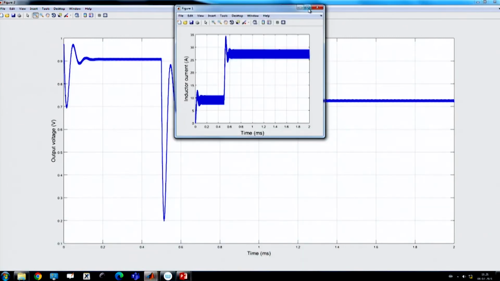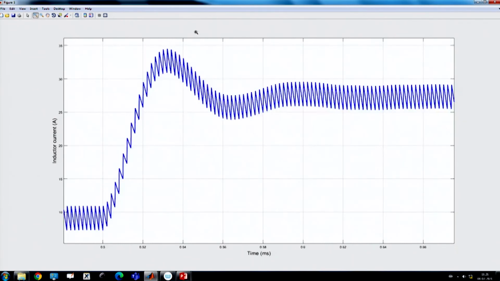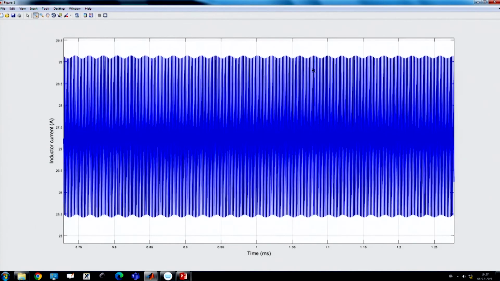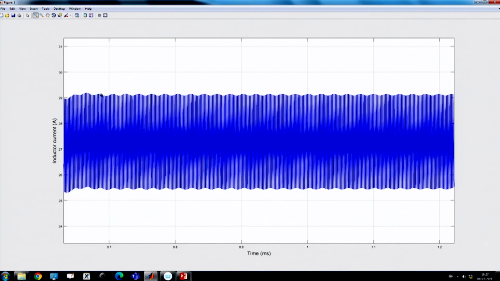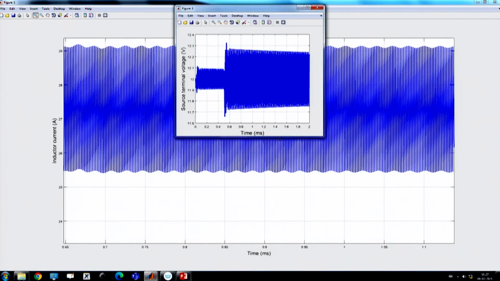And if you take the inductor current waveform, it also has this transient effect, but you can also see that on top of its switching behavior, there is some small scale oscillation happening. If you zoom in, this oscillation is due to the filter oscillation.